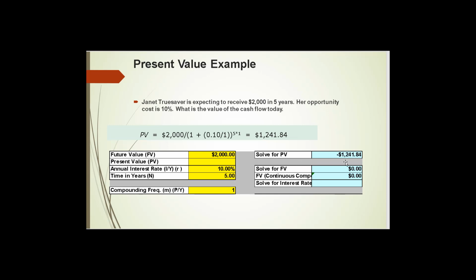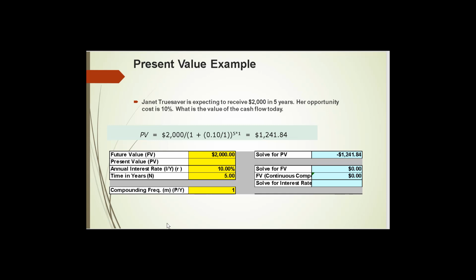And the present value of that is $1,241.84. So that $2,000 is worth $1,241. Or $2,000 in 5 years at this opportunity cost could buy $1,241 today. So the value of the dollar is losing its ability to buy things over time.